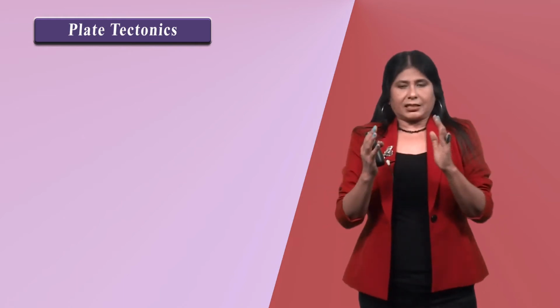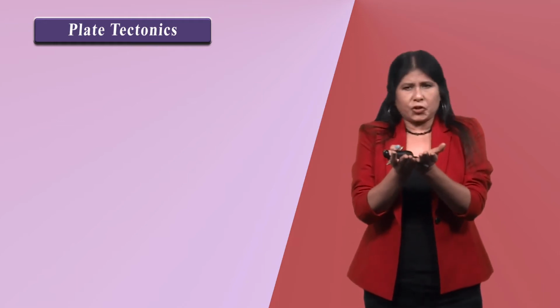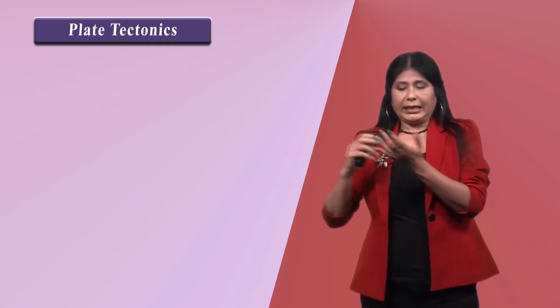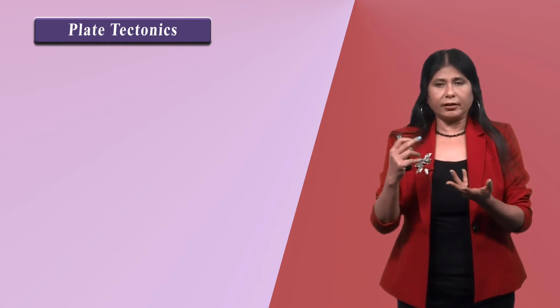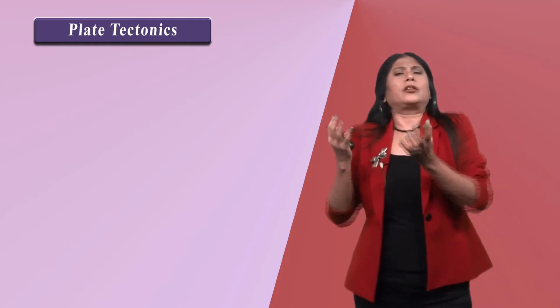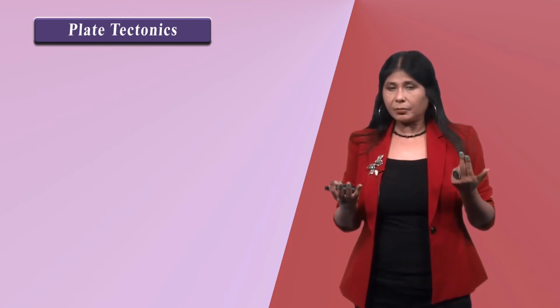So we know that the central part of all the oceans is spreading and new rocks are formed. It is happening in the Atlantic, the Pacific and the Indian Ocean. But the diameter of our earth is not increasing even by 1 inch. What does it mean?